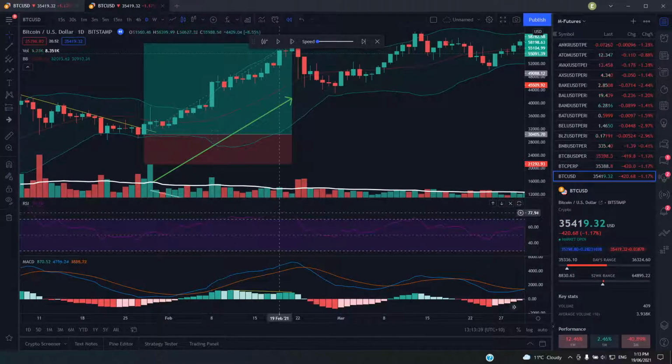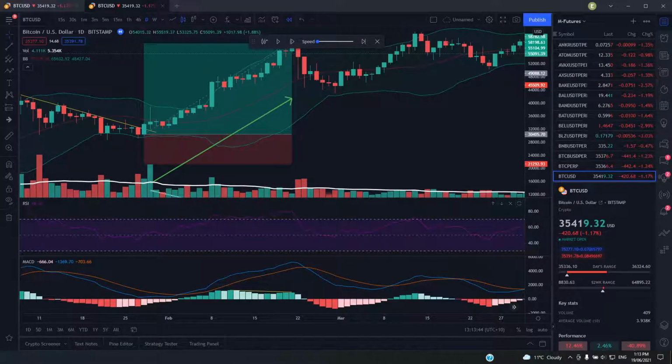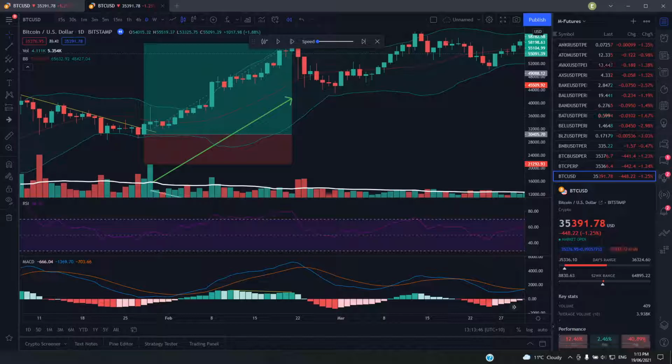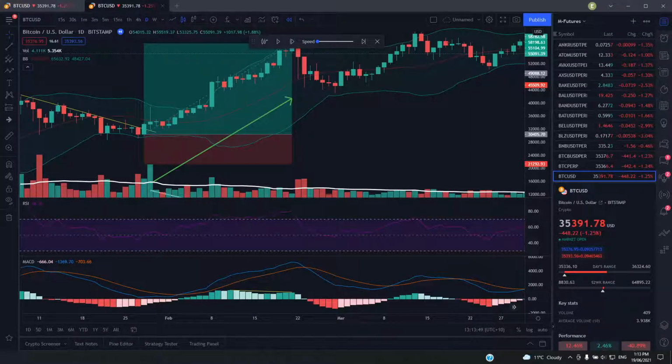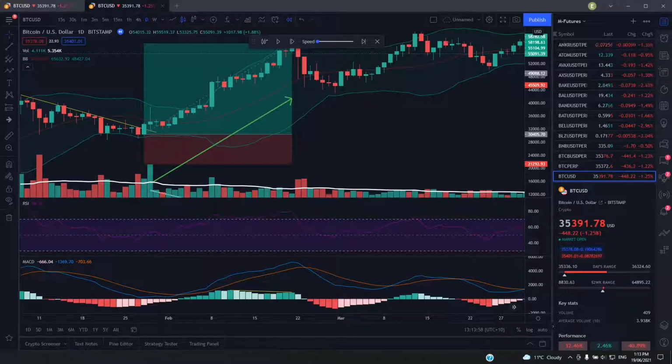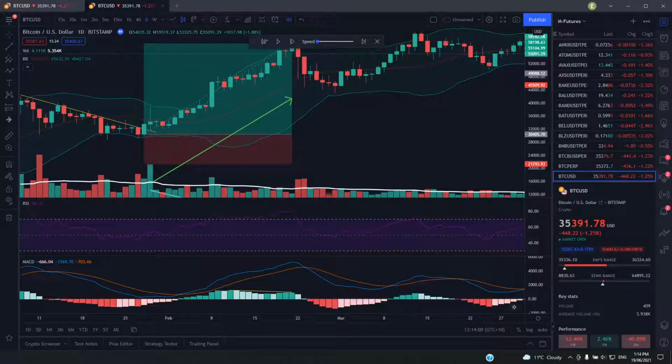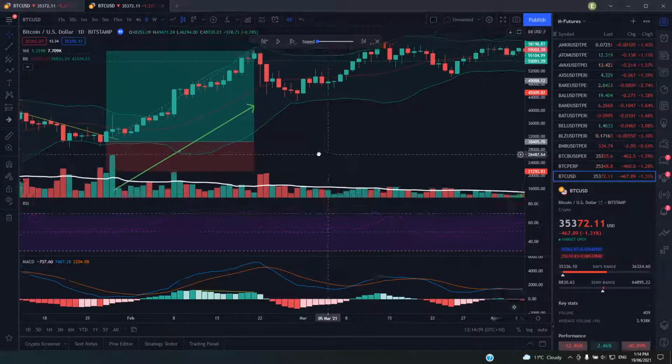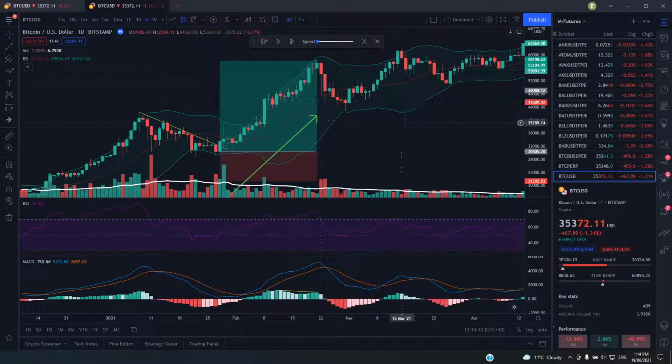RSI 75, we're also in the overbought region, heavy overbought region. Look at that, 80.2. 4, upon assessment of RSI, look to sell when it is above 80, overbought. 5, so that's 4 exit rules on this trade.